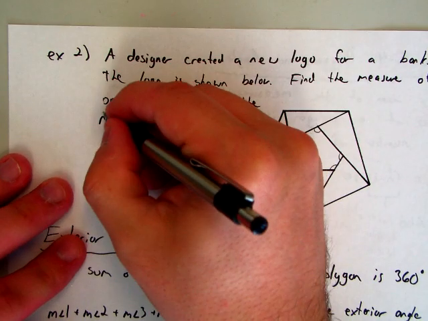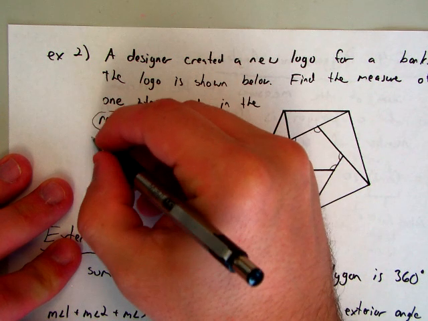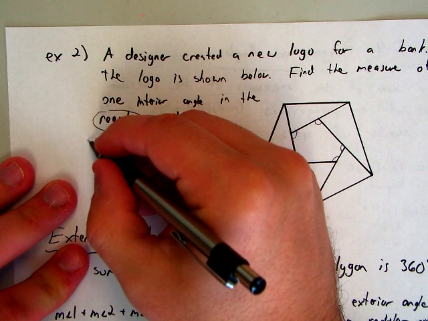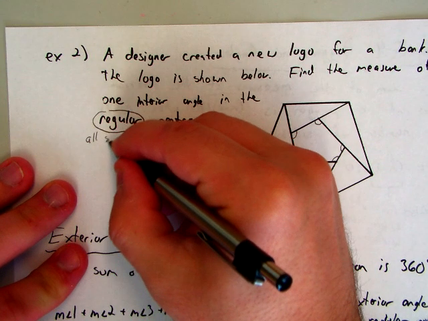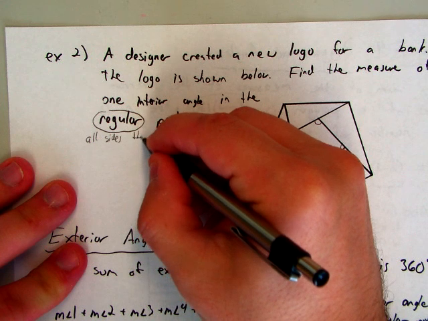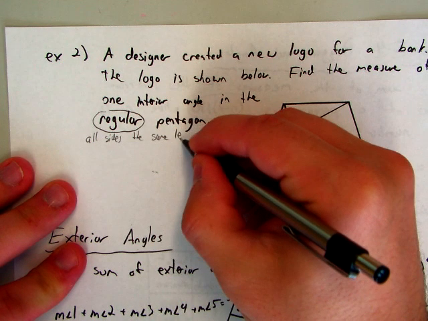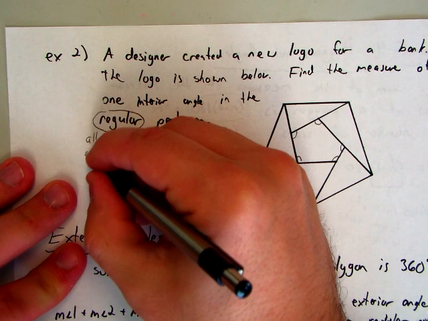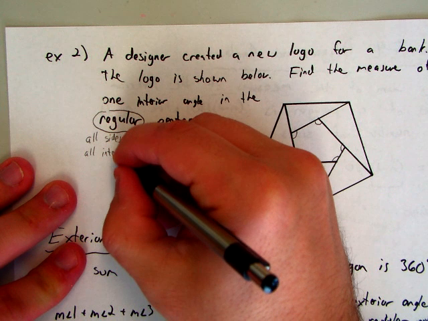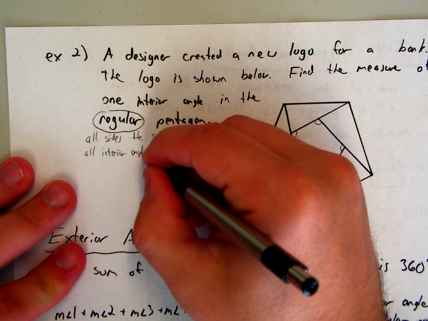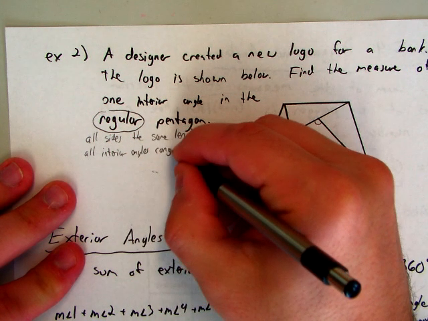The word regular, what this means is all sides the same length, and all interior angles congruent.